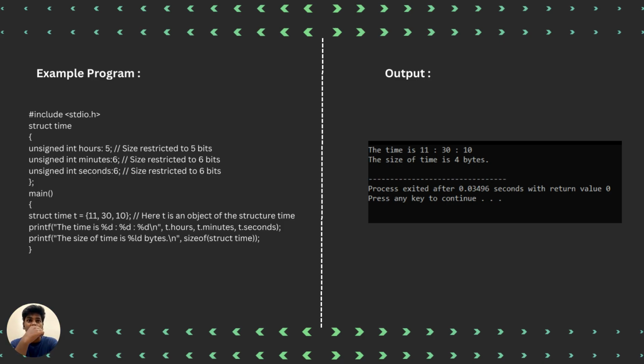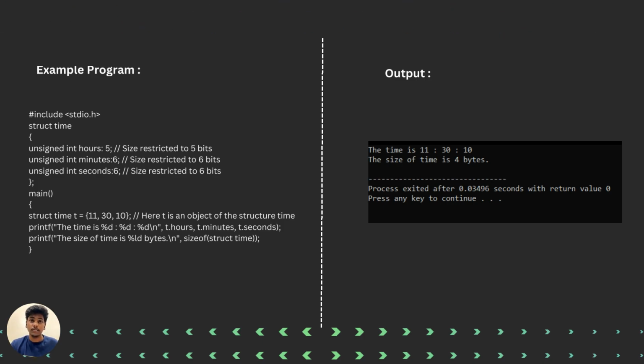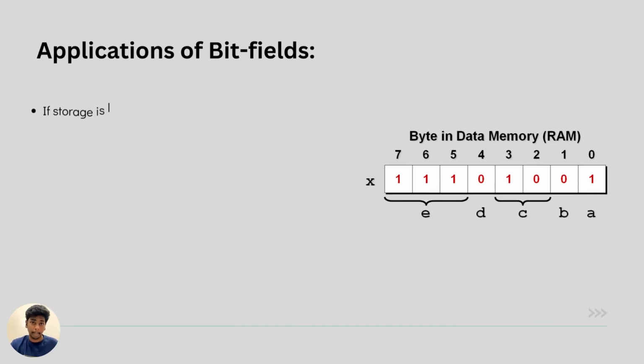Then we are going to give some values and output the program. We are going to use the sizeof function on struct time so that we can see the output. Struct time is 4 bytes.